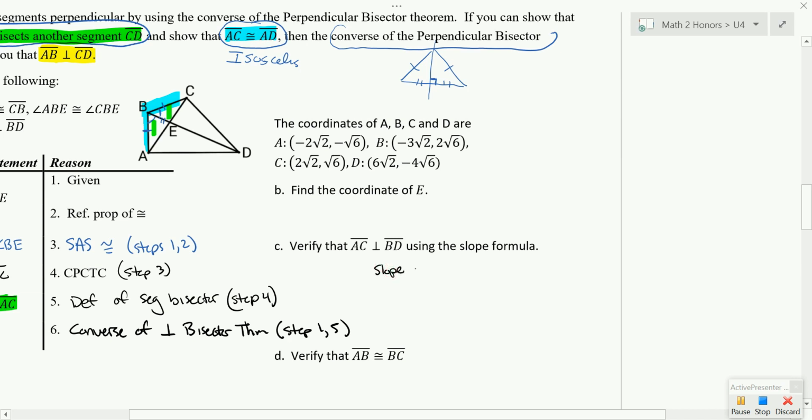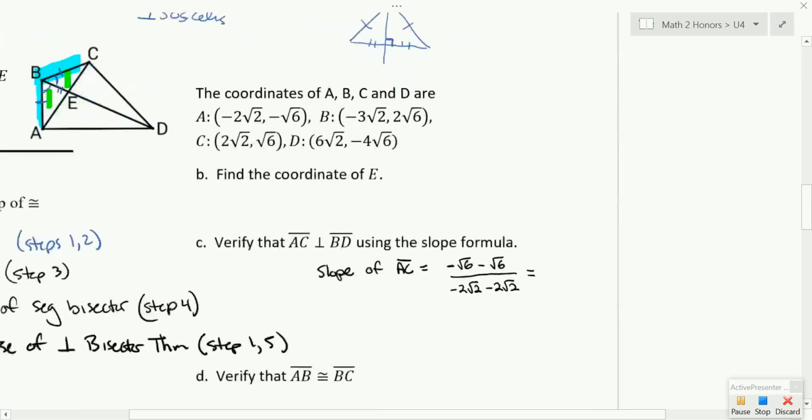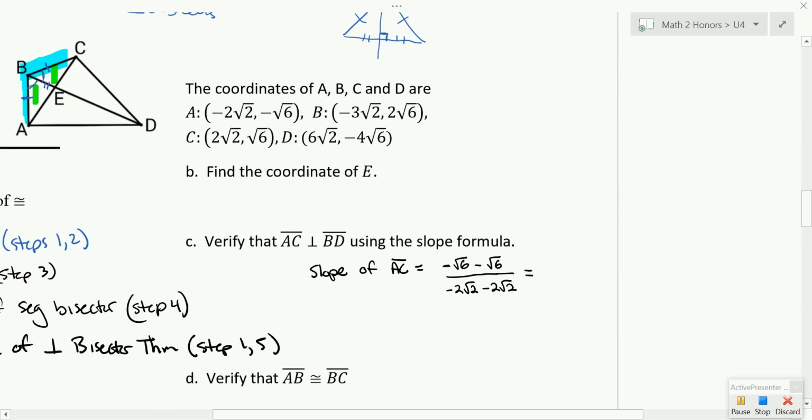Go ahead and find the slope of AC. Okay, so this is how you start.